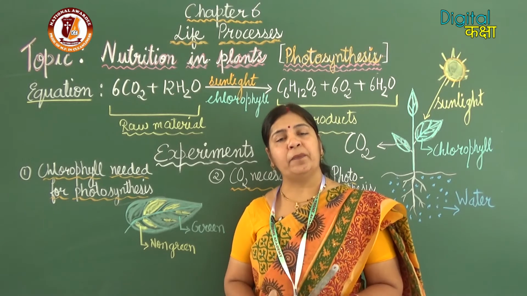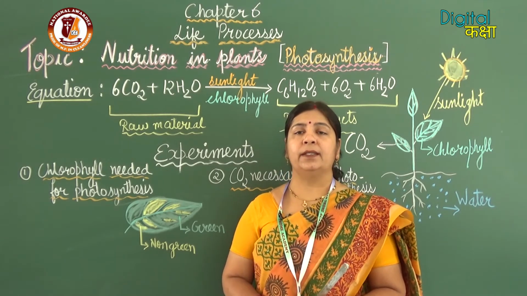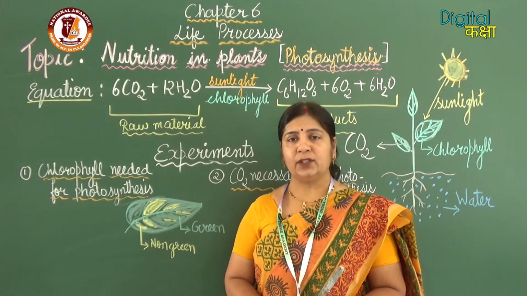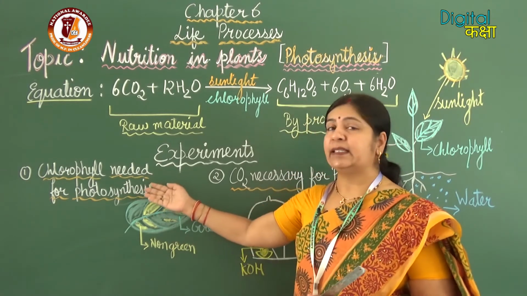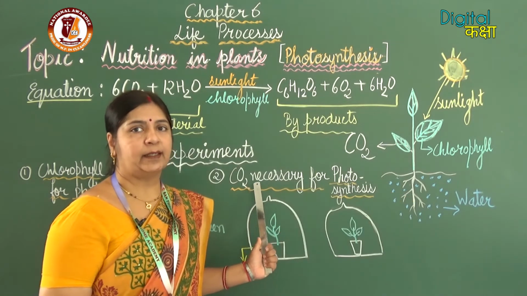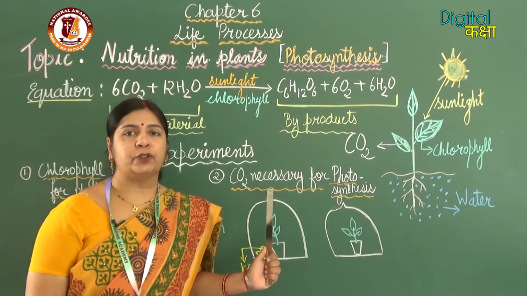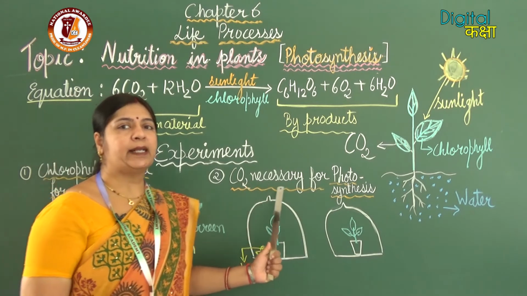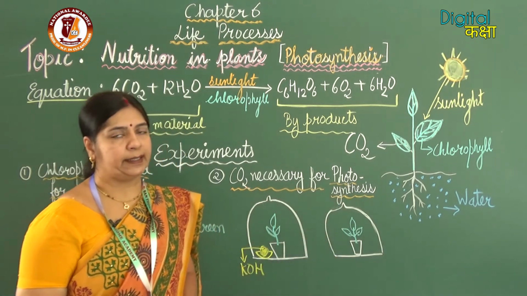So this is the confirmatory test for the presence of starch, that is, chlorophyll is needed for photosynthesis. After that, there is one more experiment to show that carbon dioxide is necessary for photosynthesis.